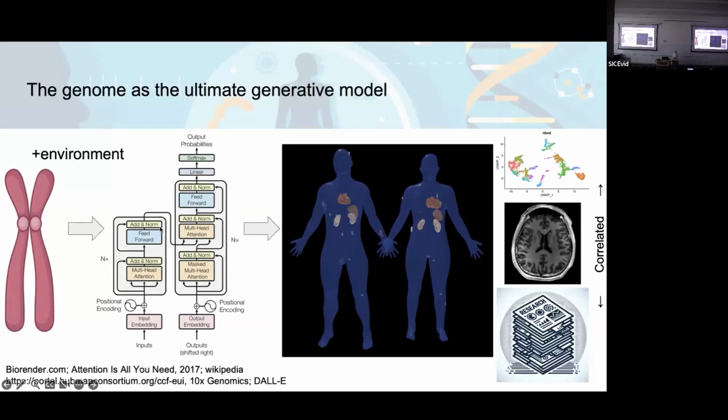This is pretty powerful. There's kind of two implications that come from this thinking. One is that if the genome contains all the information to generate all of the systems in the body, then anything that we measure about those systems at any scale, whether it's single cell scale or whole body scale, or even all of the literature that describes any of those systems, which is also information about those systems, should be correlated somehow.